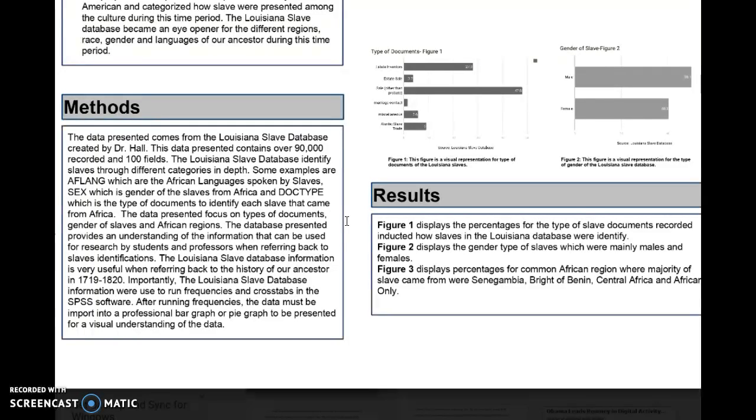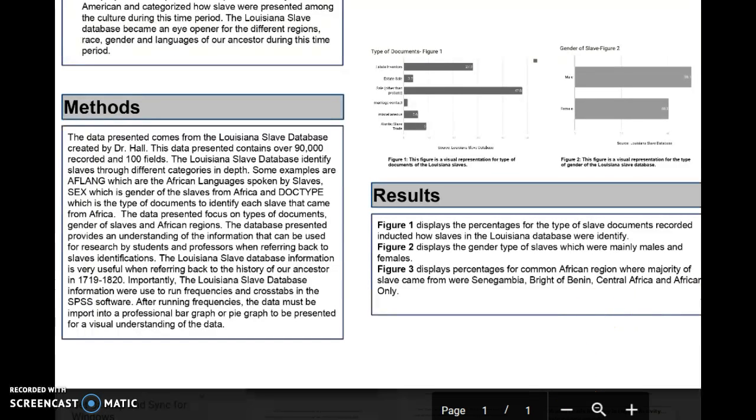The Louisiana Slave Database information is very useful when referring back to the history of our ancestors from 1719 through 1820. Importantly, the Louisiana database information was used to run frequencies and crosstabs in SPSS software. After running frequencies, the data must be imported into a professional bar graph or pie graph to be presented for a visual understanding of the data.